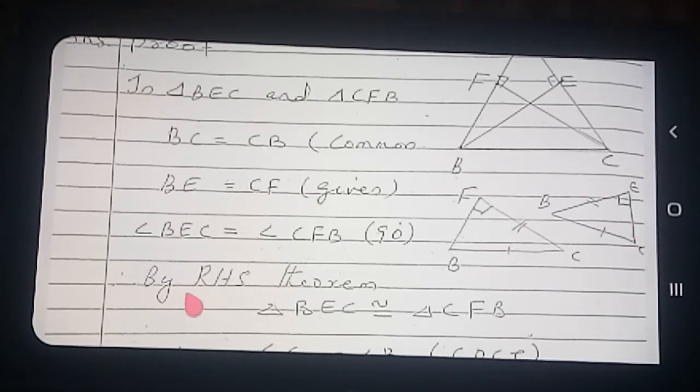That is why we are applying the RHS theorem. Therefore, by the RHS theorem, triangle BEC is congruent to triangle CFB.